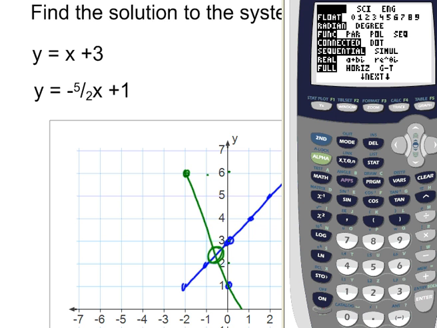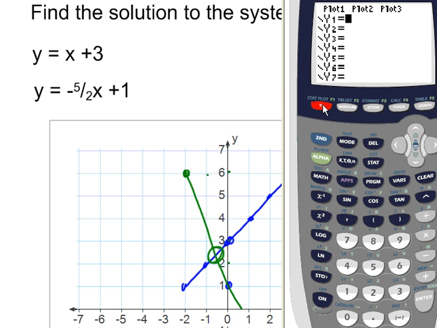So how do I do this? And that is where we go to our calculator. You go to your calculator, you type y equals, so put in your two functions, x plus 3, arrow down, negative 5 halves times x plus 1, and then I just hit graph.